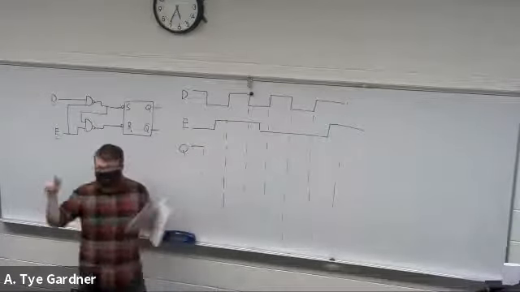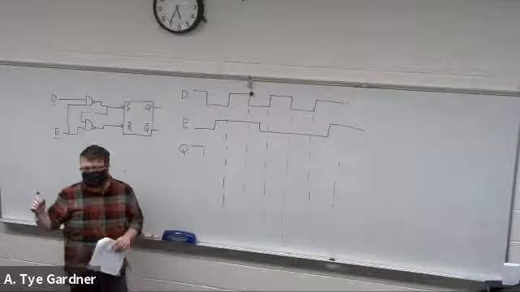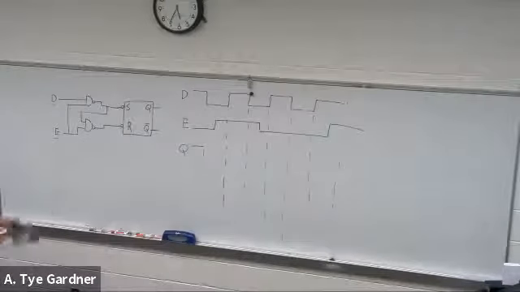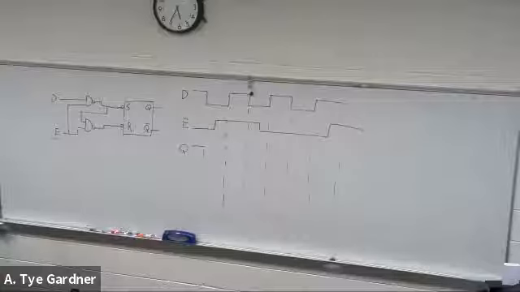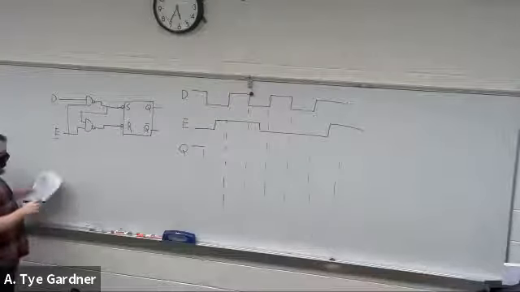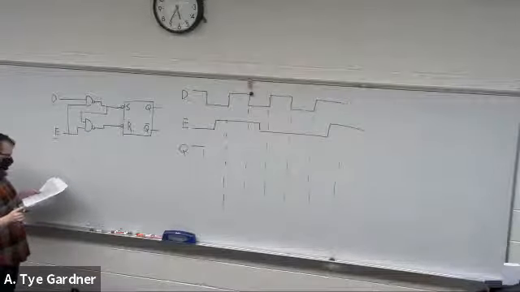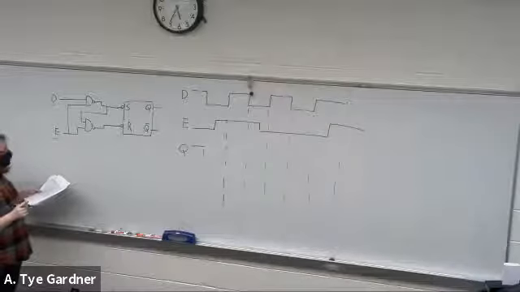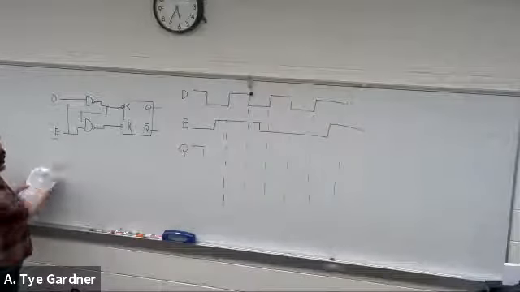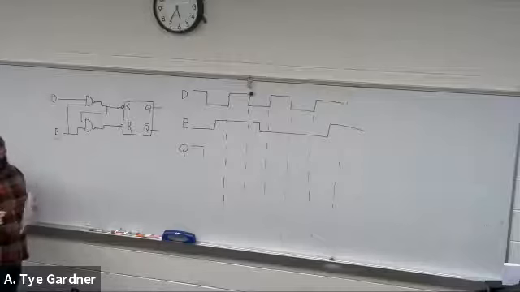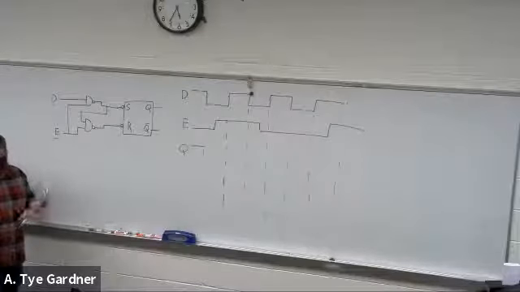You can say, I don't know. Okay, here we go. When do we know? Well, what we see is if we have an enable signal and we have a data signal, then we'll get 1. That's what we're looking for.